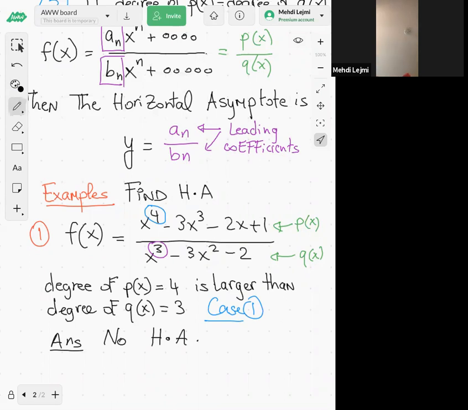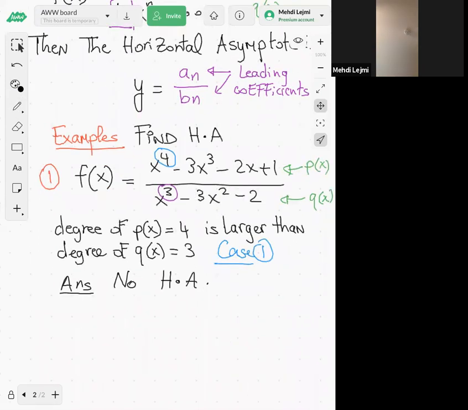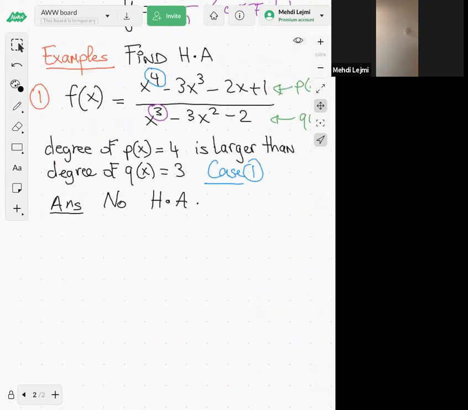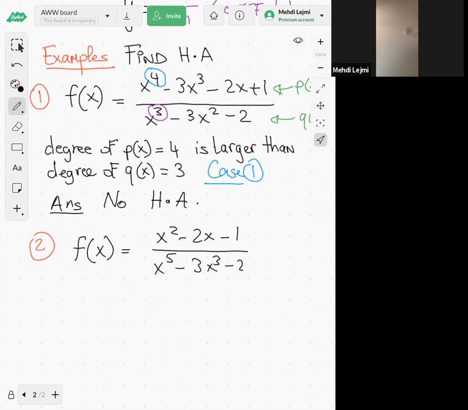Okay, now if the degree of the bottom is larger. So now let's say f of x is x squared minus 2x minus 1 over x fifth minus 3x cubed minus 2, right? So the degree of the top is 2, the degree of the bottom is 5.